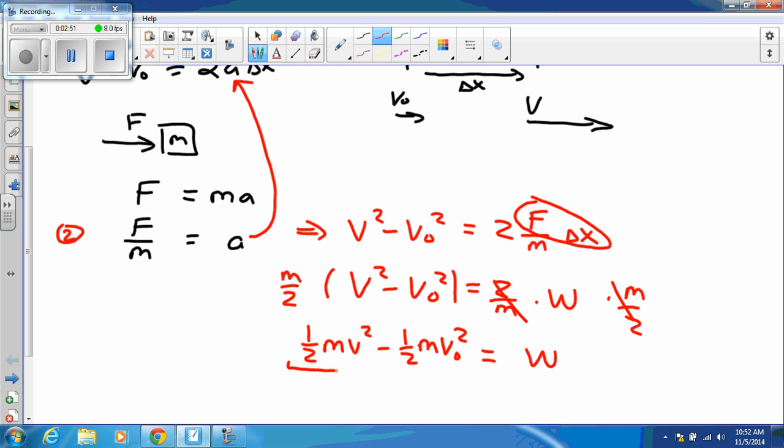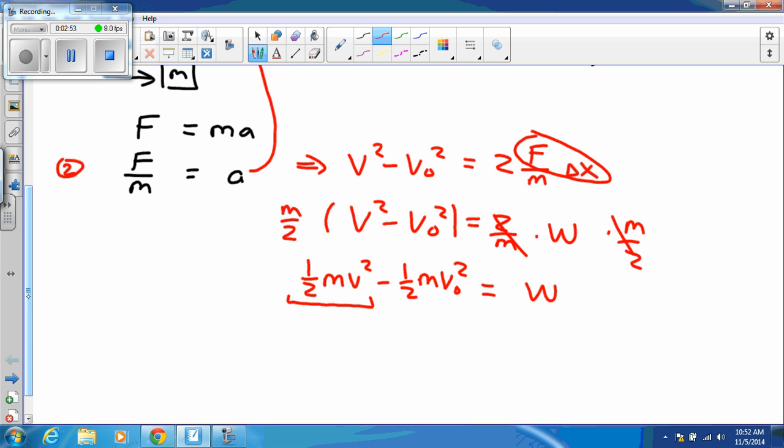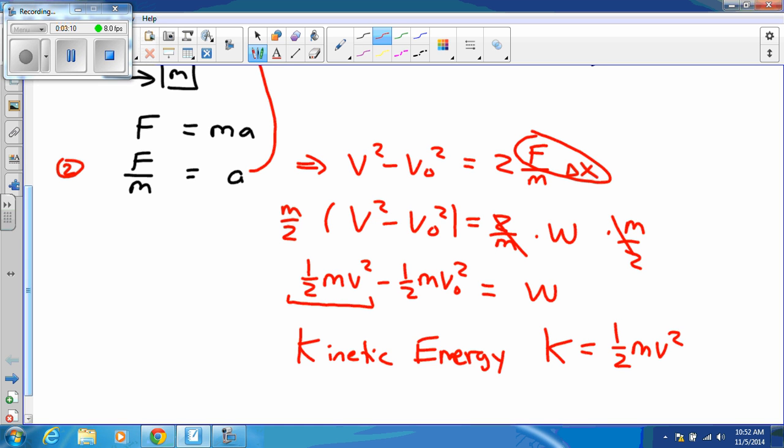This quantity right here, 1/2 mv squared, is a basic quantity that we want to measure for objects, and we're going to call that the kinetic energy, or the energy that an object has because it is moving. We're going to give it the symbol K, and we're going to define that as 1/2 mv squared.